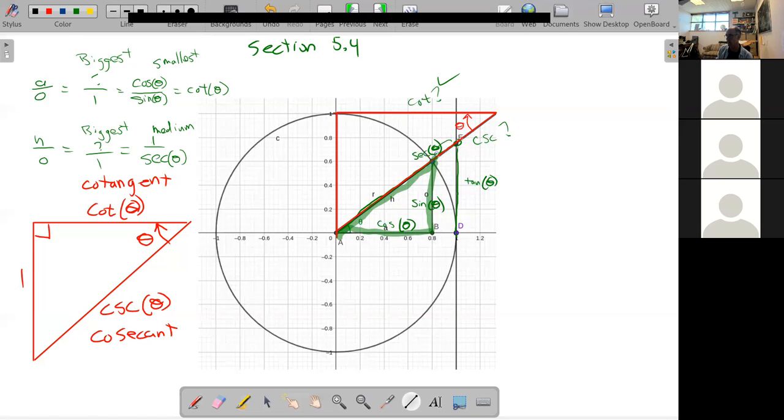So if I rotate that thing 180 degrees, I'm going to redraw it over here. It's going to look like this.